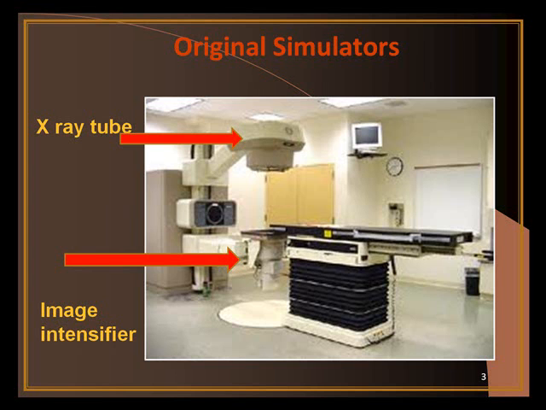And this image intensifier takes the X-rays, and basically the way this works, and you'll learn this in diagnostic radiology, of course, an image intensifier is made out of a photocathode. A photocathode takes photons, which are the X-rays that come from the X-ray tube, and converts them to electrons.